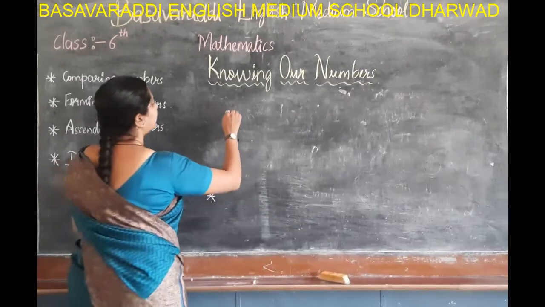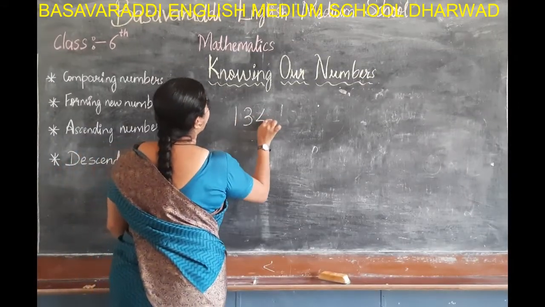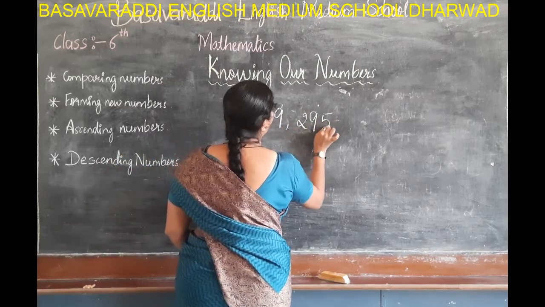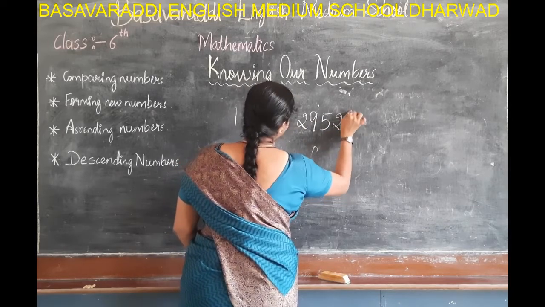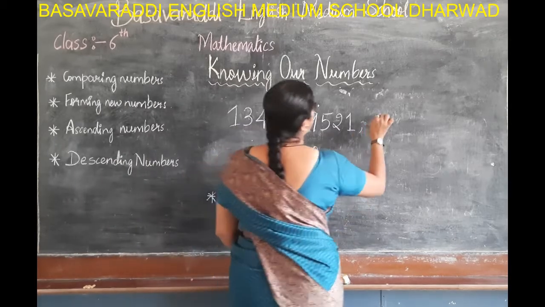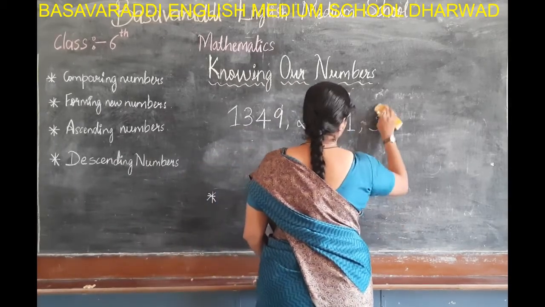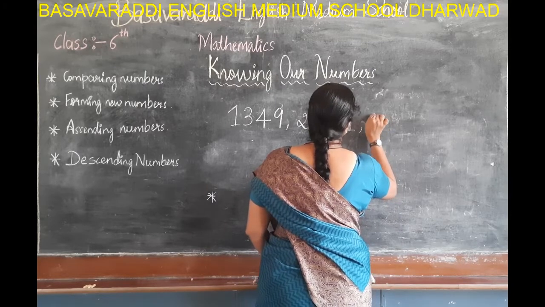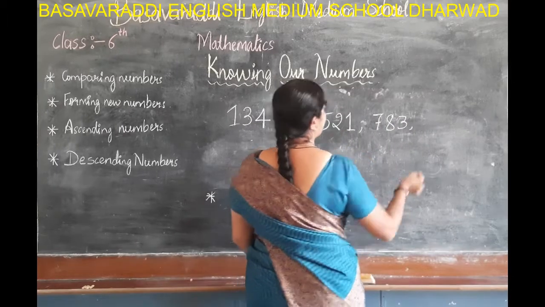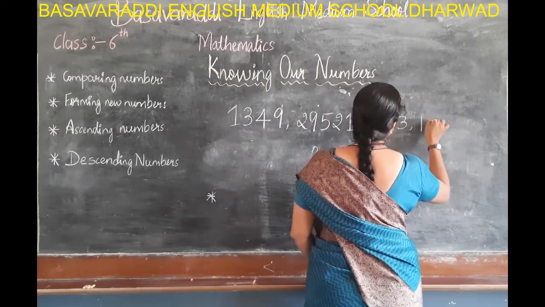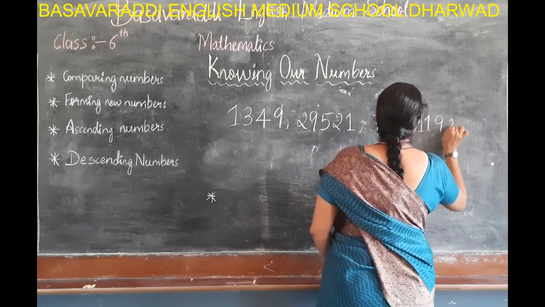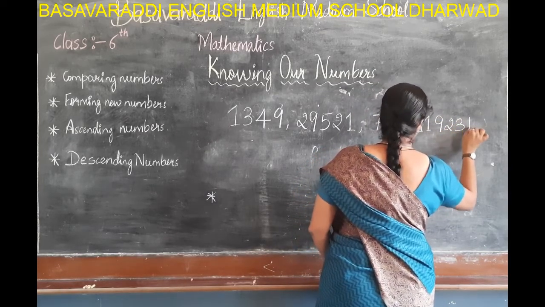Let me take a set of numbers: 1349, then 29521, then 783, and lastly 119231.